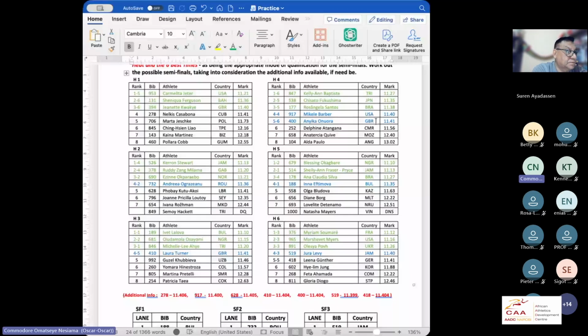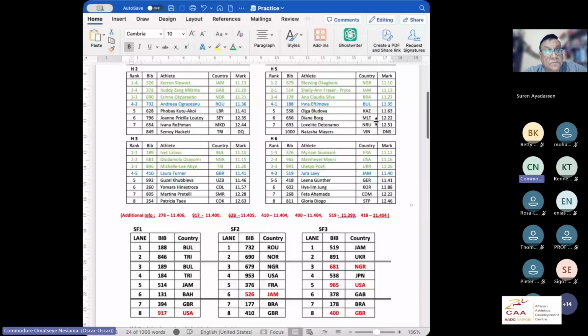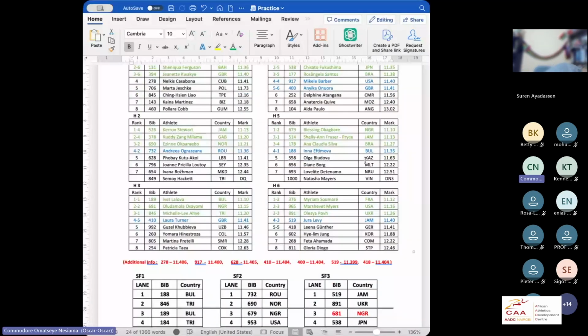Having identified this, some of them have the same qualifying times, but there's the photo finish breaking it down to 1,000th of a second.